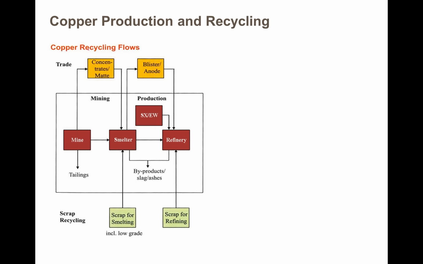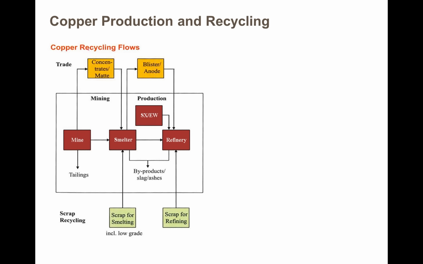Here is a chart that builds, but we start with copper and copper ore in a mine. We move from that to taking it to a smelter. And in a smelter, the word starts with an S. You're taking sulfur out of the ore or the concentrates that go into the smelter.